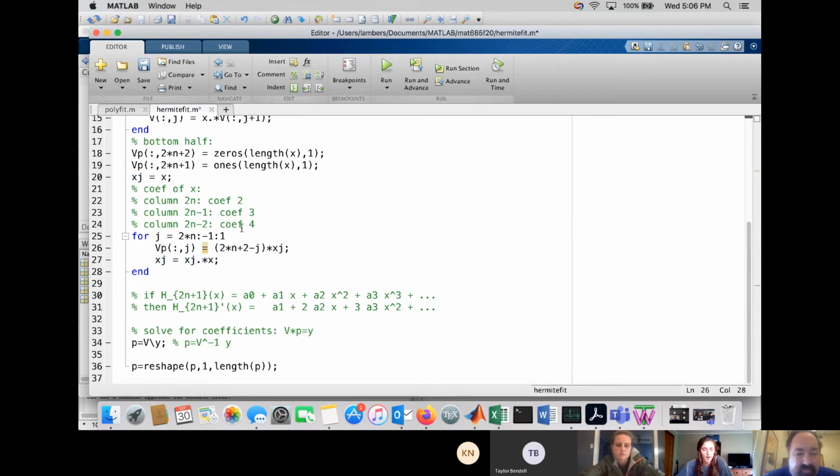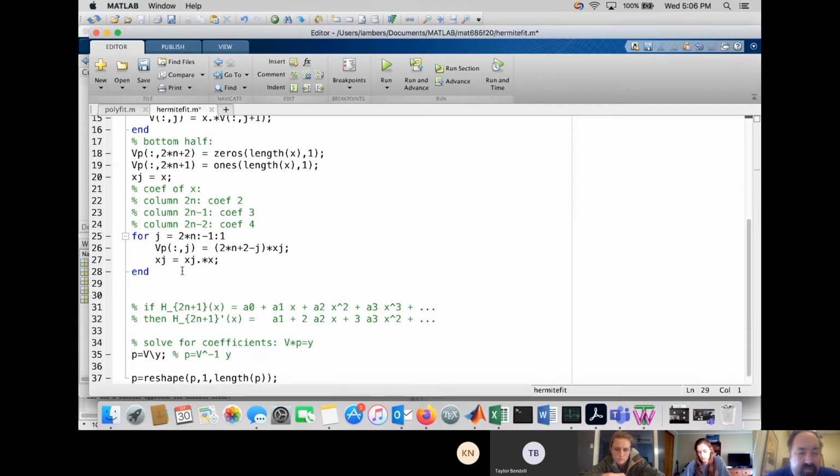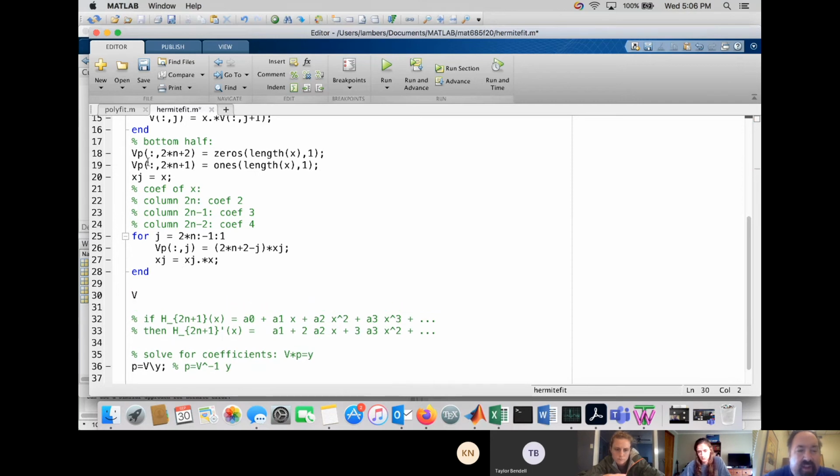So now I'm filling in the correct power of x and the correct coefficient that goes with it to account for the derivative, a 2, 3, 4, and so forth. So now I have the bottom half of my Vandermonde matrix. Now I need to stack them on top of each other. So V is equal to itself and then V prime below it.